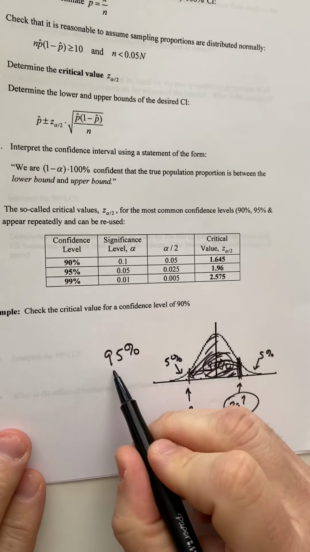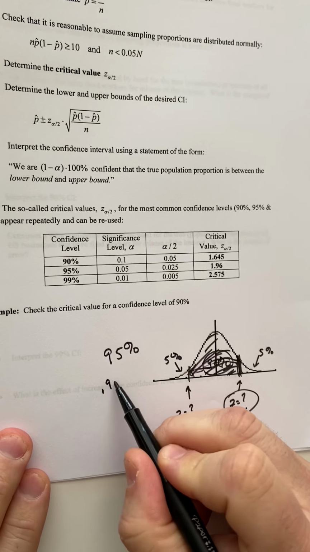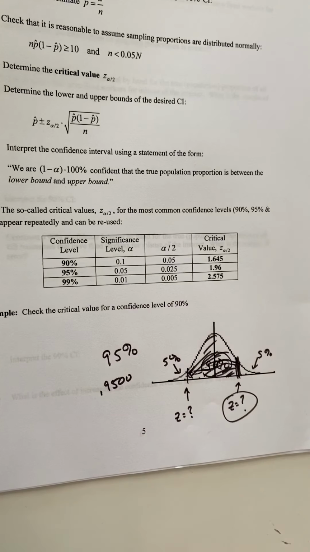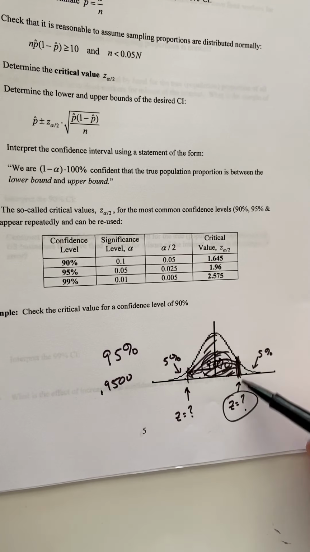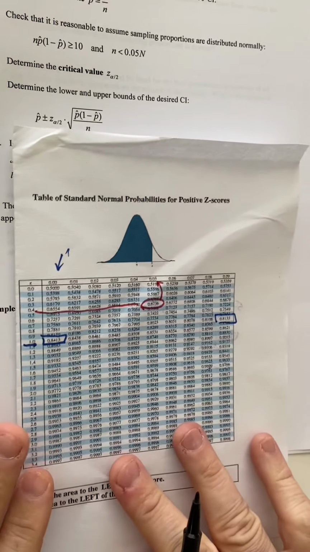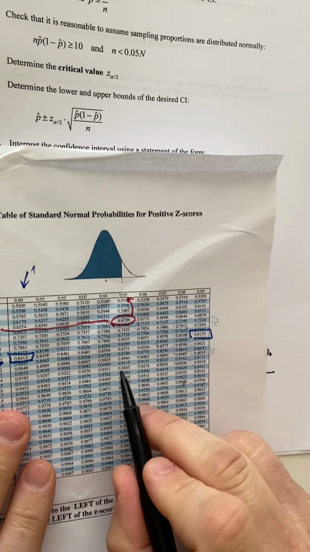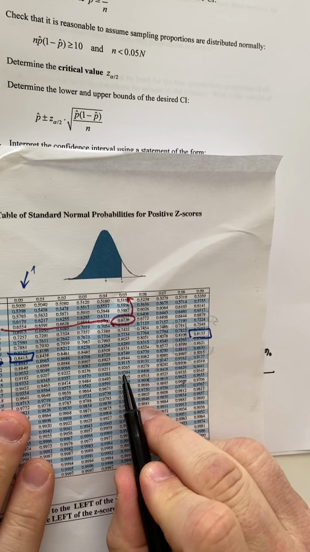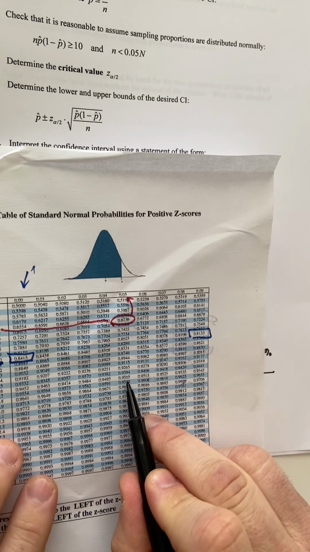So I need to look up 0.9500 in my table. You'll be able to click a button to look at this. We know our z-value is going to be positive, so it's going to be on page 2, and we're looking for 0.95 in the body of the table.